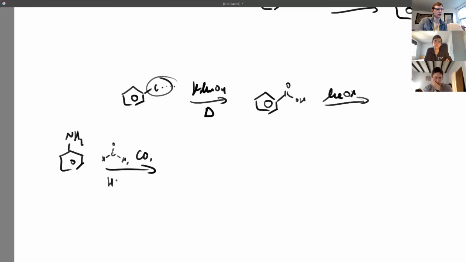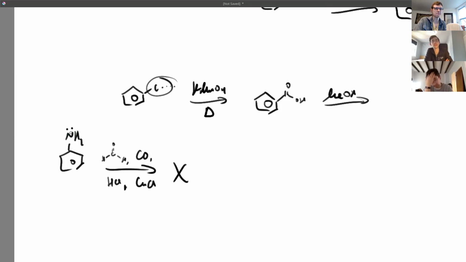CO, HCl, copper something chloride, maybe. Seems right. Deamination then one step? Well, yeah, that would have to be a separate step. And the issue is even then, this reaction is going to fail because of this amine. It's more deactivated than a halogen. We're gonna have to do a separate step.